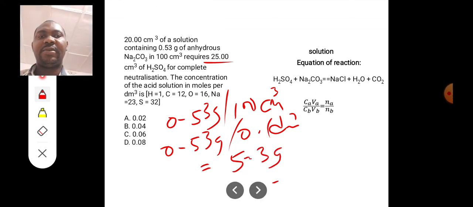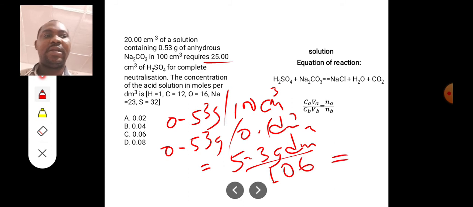If I want to convert to mole per dm cube, I will divide by the molar mass. Molar mass of Na2CO3 is actually 106. So 5.3 divided by 106 gives us 0.05 mole per dm cube.